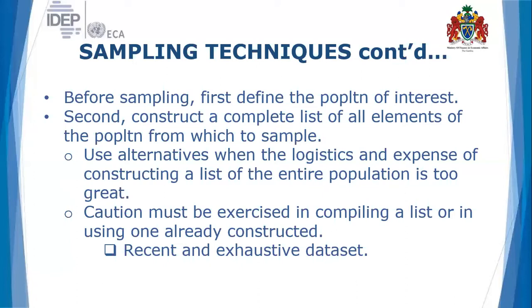Once that is done, then evaluators can construct a complete list of all the elements of that population from which the sample will be drawn. Now, the list of elements of a population can be taken from different sources.